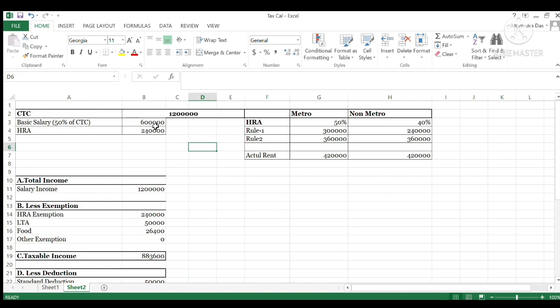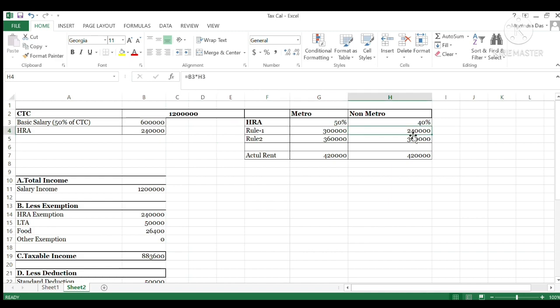Now let's calculate your HRA. For HRA calculation, there are two rules. Rule number one: if you are staying in a metro, your HRA is 50% of your basic, which is 3 lakh rupees here, and for non-metro it is 40% of your basic, which is 2.4 lakh rupees here.